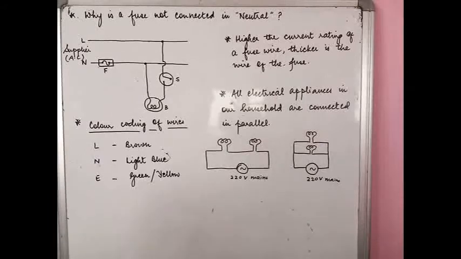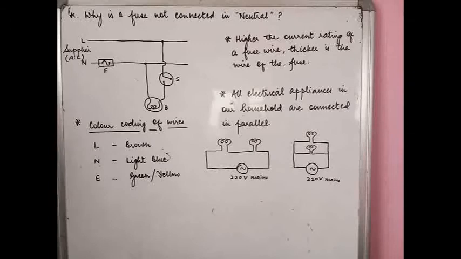Instead of having a big appliance burnt and then buying a new one, which will cost you a handsome amount of money, it is always better to lose a fuse wire, which you can buy from the market at a relatively cheap price. So the function of the fuse is to protect the electrical appliance.